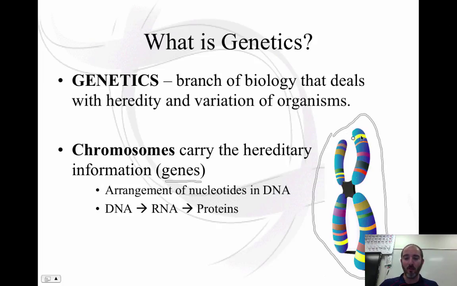So each little band or each little location on this chromosome could be a code for a particular protein. So a sequence of DNA can be transcribed into a sequence of RNA, which can then be translated into a protein. And this is the central dogma of biology. And so we'll get into this central dogma idea in the next unit of material.